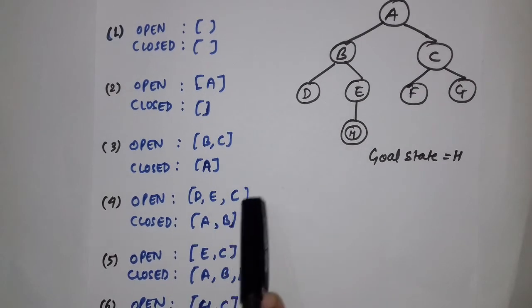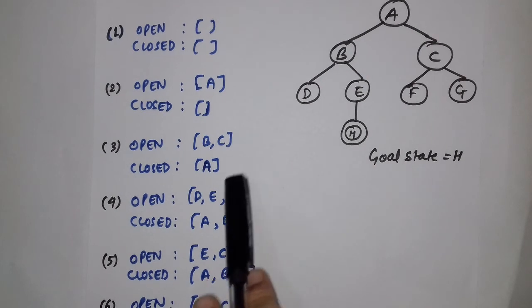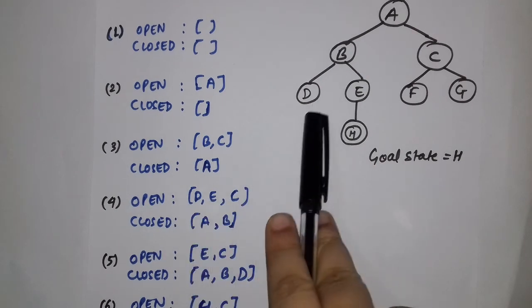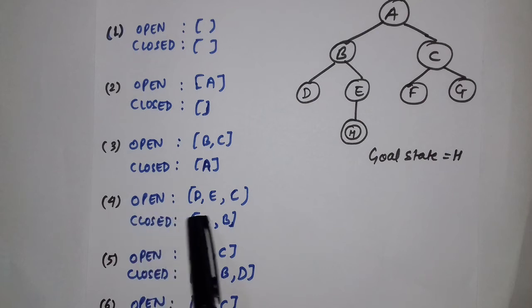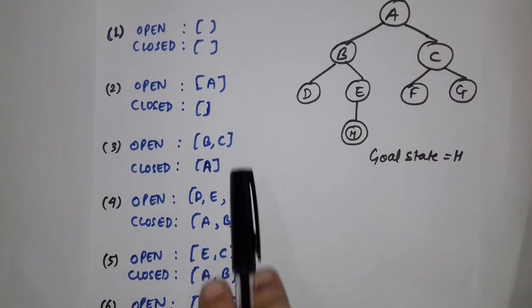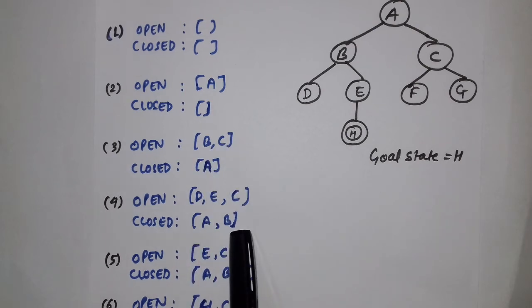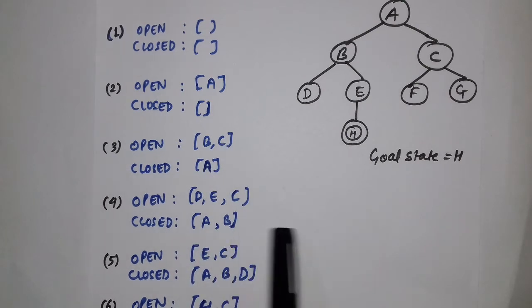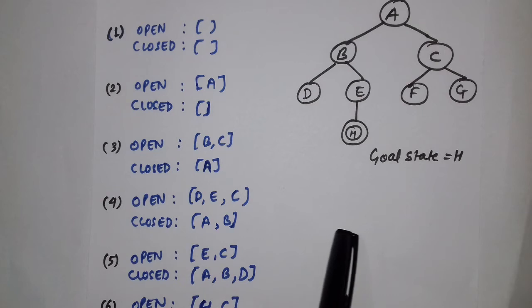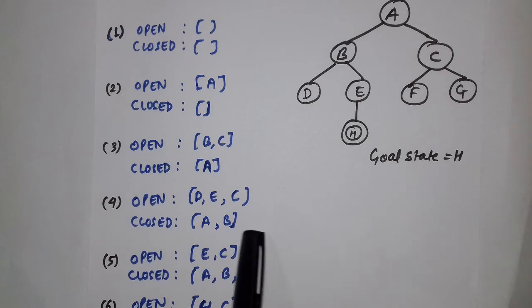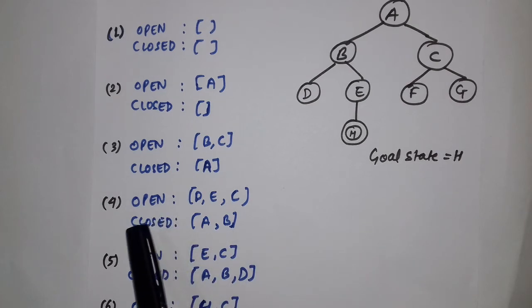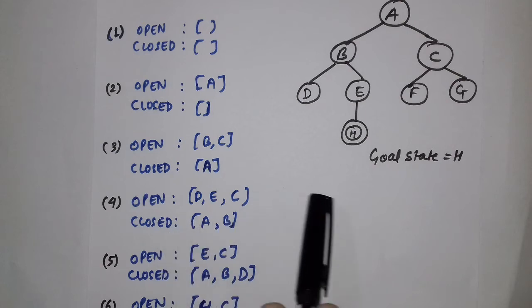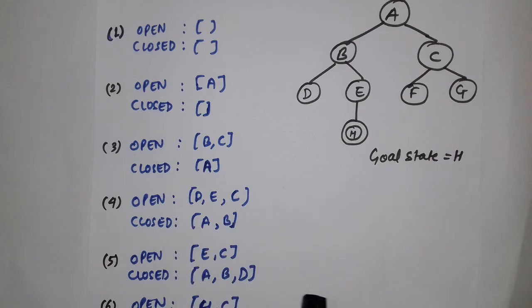So in step 4 we can see that D and E are inserted from left to right, and the remaining C is written here, and B is transferred to closed list after A. So in the closed list the elements are inserted from right to left, and in the open list the elements are inserted from left to right in the case of depth first algorithm.